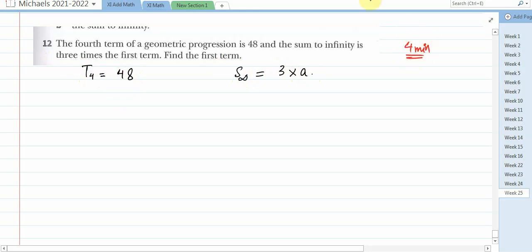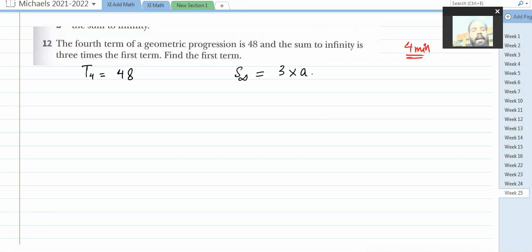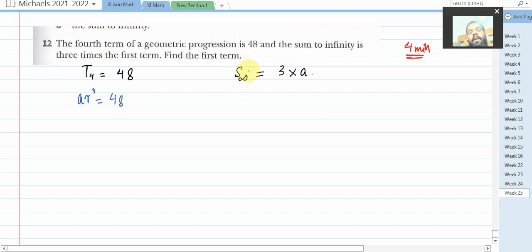So start. Alright class. The fourth term, what does it mean? It means that the value of ar cubed is equal to 48. The working formula for sum to infinity is a divided by 1 minus r equals 3a, which is given. If we simplify, you can cancel a on both sides, so 1 equals 3 times (1 minus r).